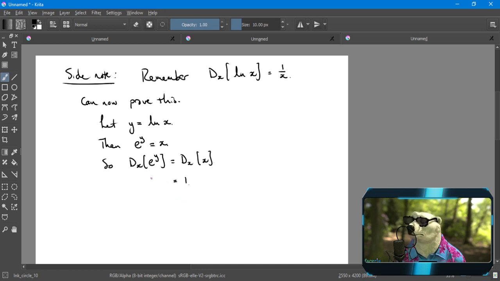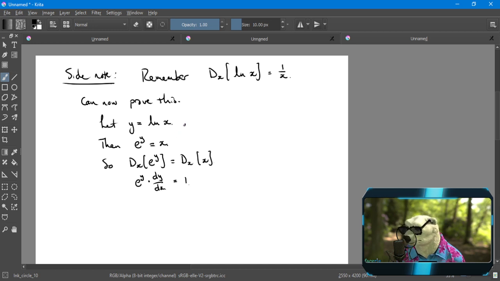On the left, I have a chain rule situation because y is a function of x that I can't see in this version, and I take e to the power of that, so it's a function of a function. So the chain rule says take the derivative of the outside function e to the y with respect to y, which is e to the y, times the derivative of the inside function, which is the derivative of y.